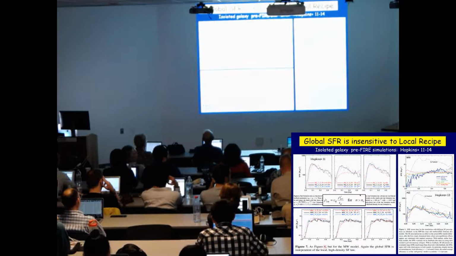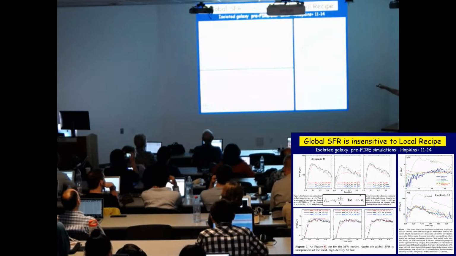And the one thing that you can see here is that you assume a star formation recipe like this, but you vary epsilon or x or the threshold. And in all cases, you converge to the same star formation rate. This is for high redshift galaxies, low redshift galaxies. Or you can change the whole recipe in very different ways, and you always converge.